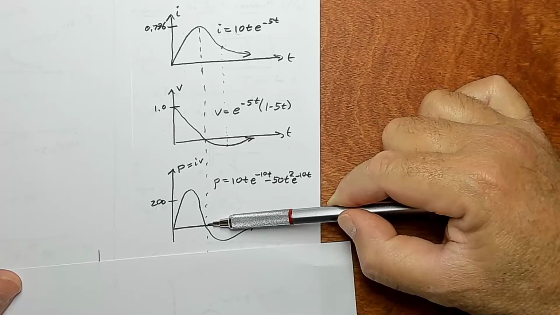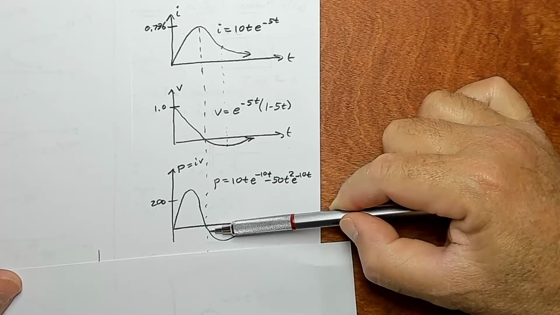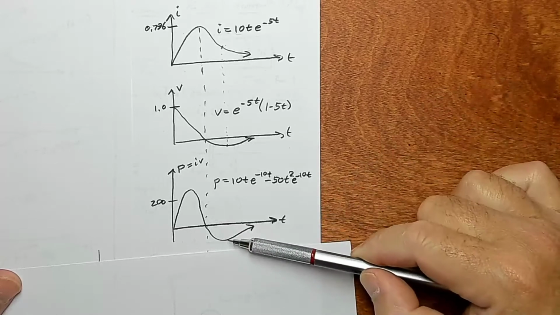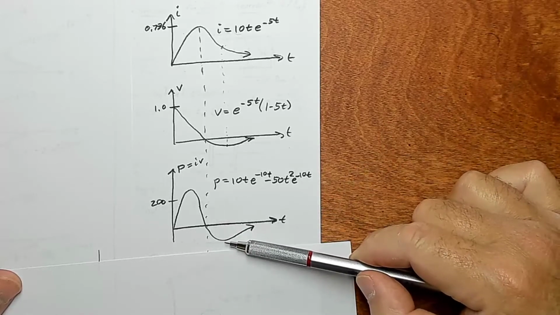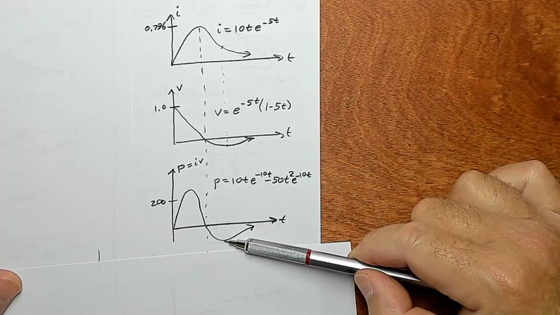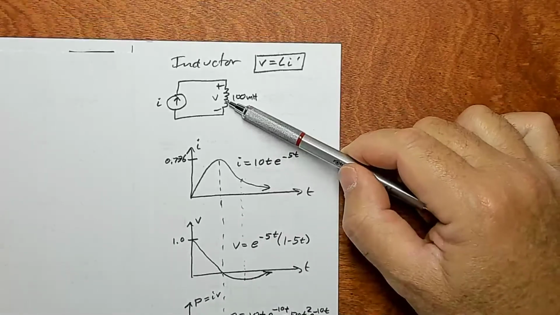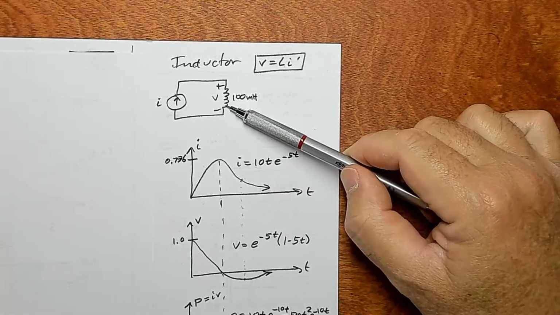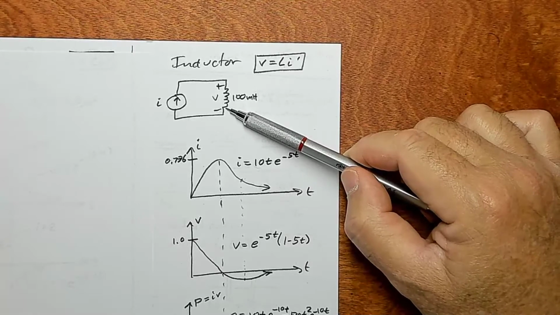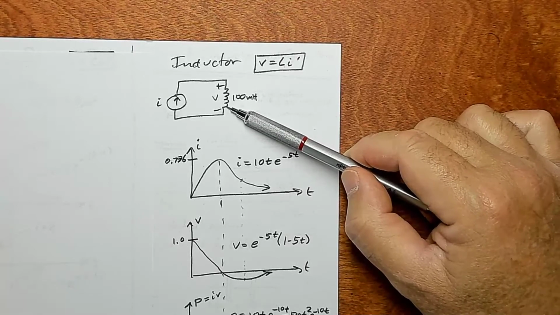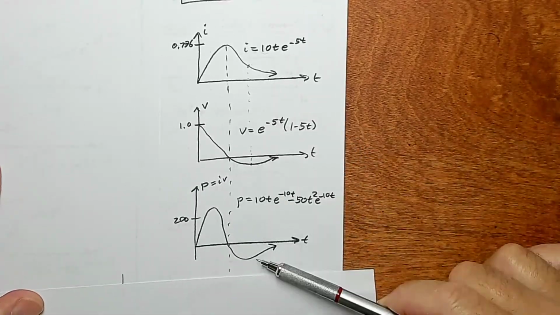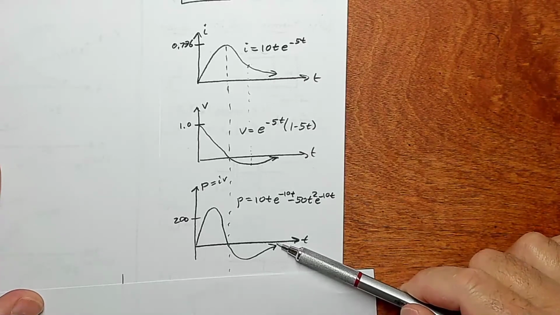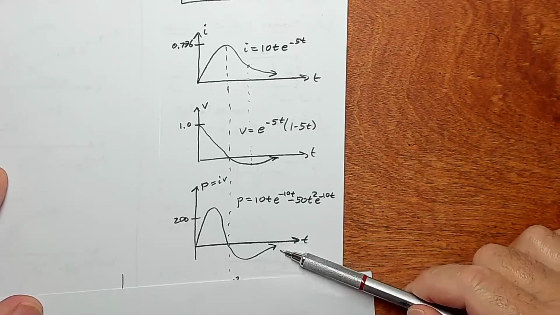Now at this point there's no power flowing in. Then the power starts flowing out. And this is maximum negative power transfer, or the maximum amount of power that's leaving the device. Power is stored in this inductor. Inductors are energy storage devices. Not very much energy, but a little bit. Okay, and then the energy keeps leaving until it goes to 0.